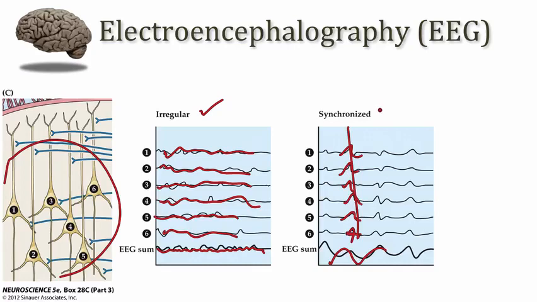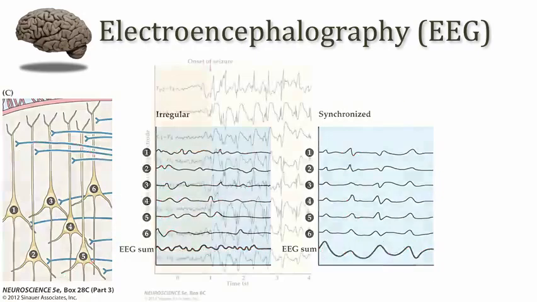So when there is synchronous input activity to a local region of the cerebral cortex, we tend to have higher amplitude but lower frequency oscillations that can be recorded. And as we'll see, this synchronized pattern of activity is indicative of non-REM sleep. Well, there is another context in which one can see highly synchronous activity, and it's not good.